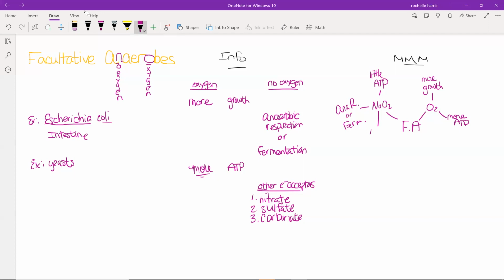And then you can put 1, 2, 3 here. And then examples, E. coli and yeast. And then you can give more information about E. coli and yeast, and you commit it to memory.